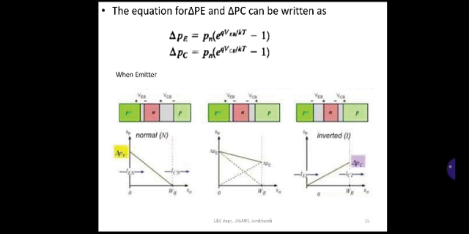So collector base is forward biased, that is positive voltage on the P side and negative voltage on the N side. So the collector is doing the emitting here. And now the emitter base junction is reverse biased. Observe there, reverse biased emitter base junction, that is P is negative and N is positive. So it is reverse biased.